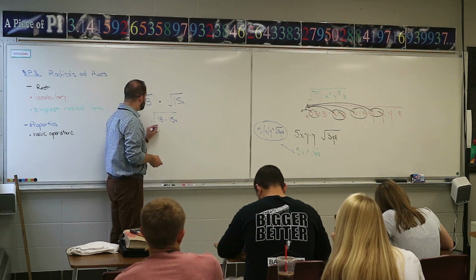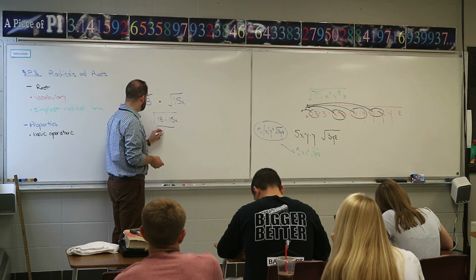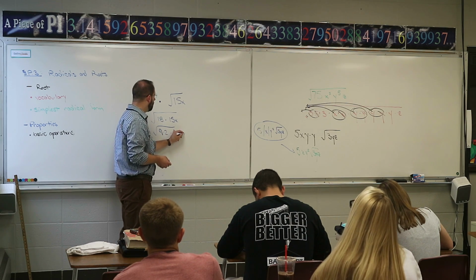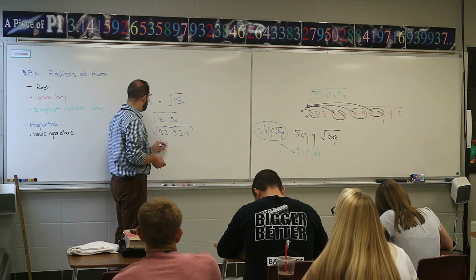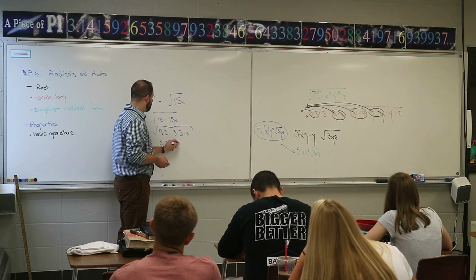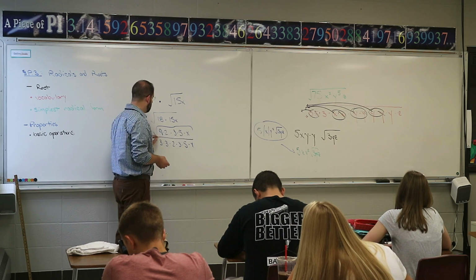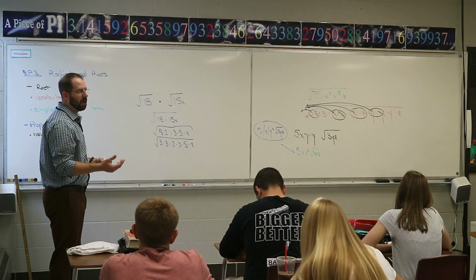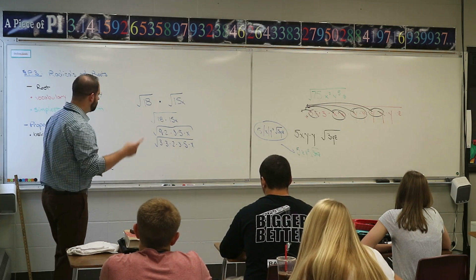So now that we have this, 18 is 9 times 2. 15 is 3 times 5. And times x. You can break down the 9 even further. Now that we're here, what type of radical do I have? Index number 2.